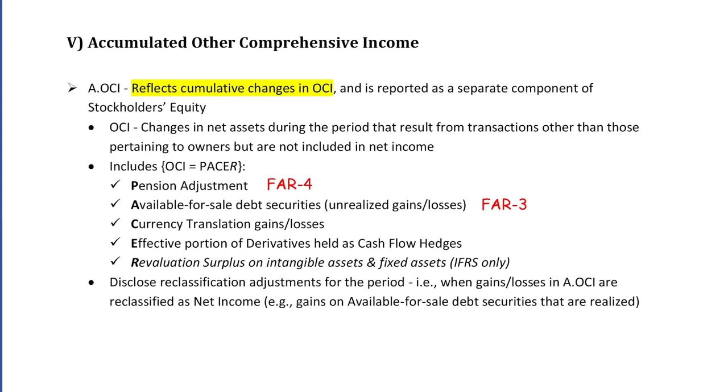We have not yet covered this, but we're going to talk about this in FAR-6. The E of PACE, that's effective portion of derivatives held as cash flow hedges. Now, if you don't remember this, you need to get back to FAR-3. And the R, that's only for IFRS, that's revaluation surplus on fixed assets and intangible assets. And that was covered in FAR-4.